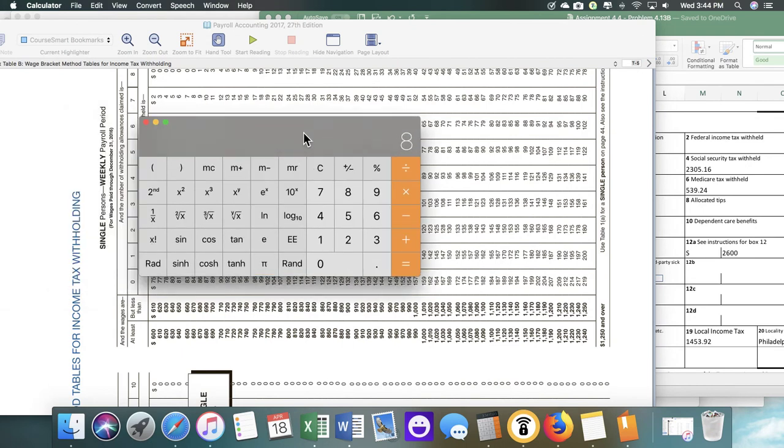So we're going to take 80 times 52. And I made a mistake on that one. Before we can figure out taxable earnings, we have to subtract her 401k contribution. And so that means her taxable income is only $665 a week.